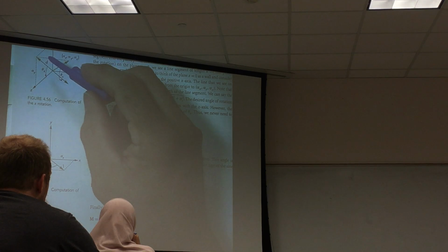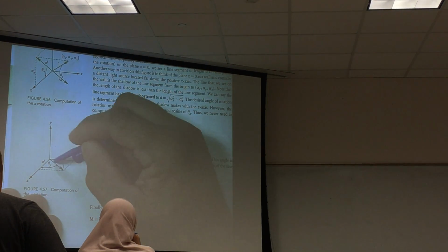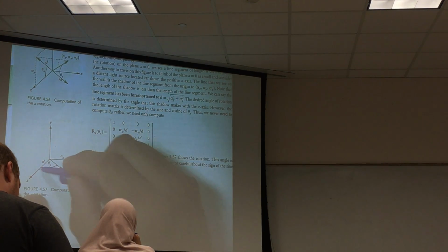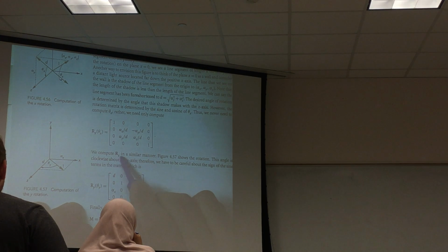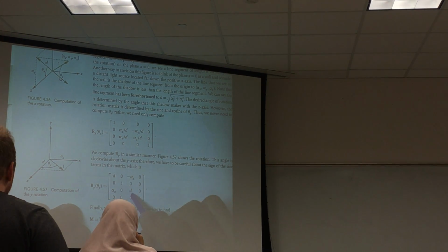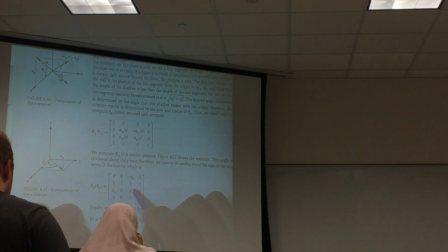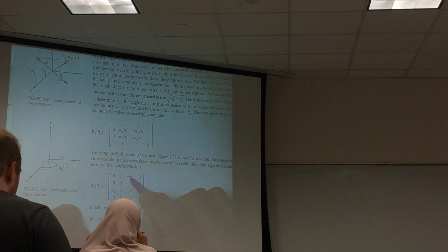And we know this will be the one, and then this will be d. We compute ry. This angle is clockwise, so cosine, and the y is the opposite side, so we actually change the sign too.